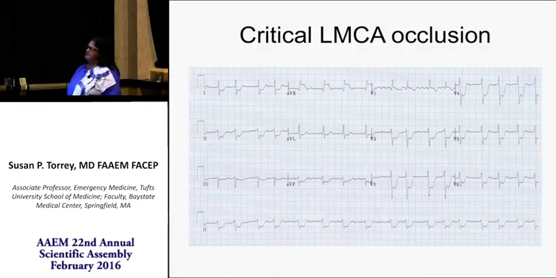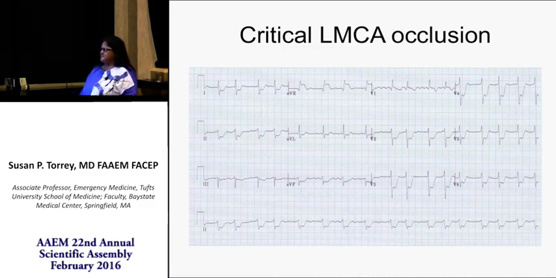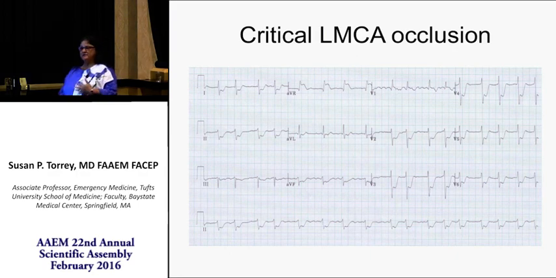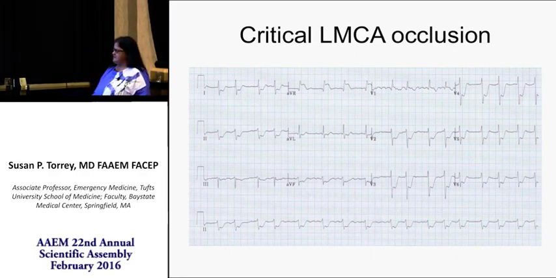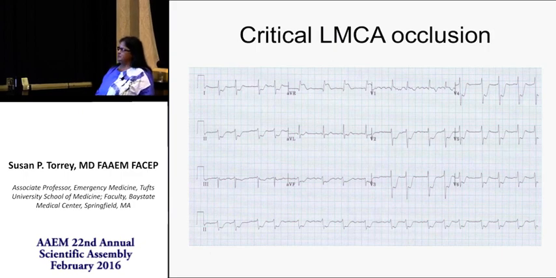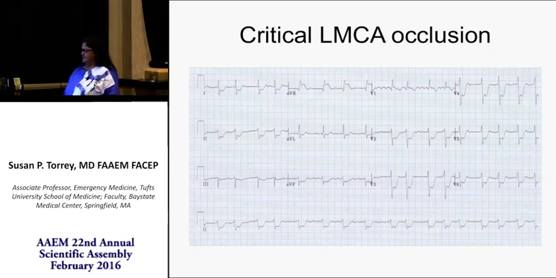Critical left main coronary artery occlusion is thankfully a rare occurrence, and it's a dramatic presentation. In this EKG, you see dramatic ST segment depression in multiple leads, in fact, in 8 of the 12 leads. And you also see ST segment elevation in AVR.